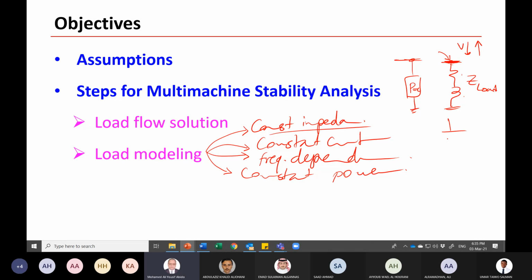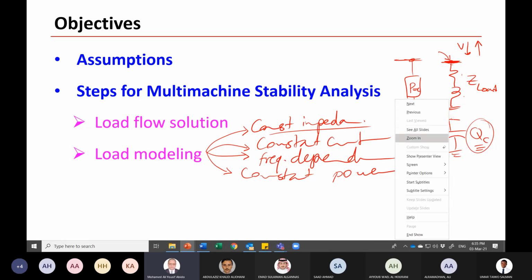If you have a capacitive load or capacitor bank QC, as you have in a load flow problem, you use the capacitor bank as injecting the Q, okay? But this is not the case. Actually, if the voltage here changes, then the Q changes, because you have a capacitor. So capacitance is constant, but Q equals V squared over XC.